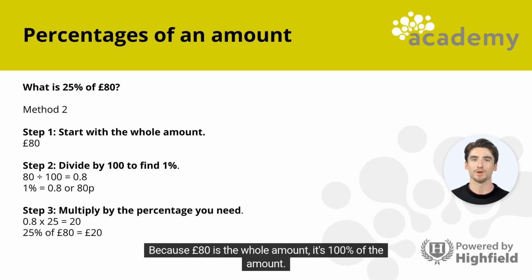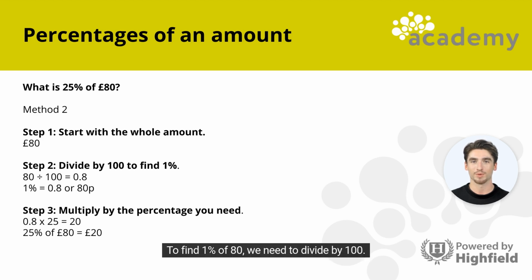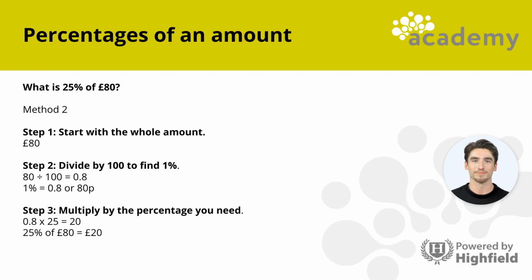Because £80 is the whole amount, it's 100% of the amount. To find 1% of 80, we need to divide by 100. This is because 100 divided by 100 equals 1. 80 divided by 100 equals 0.8. 1% equals 0.8 or 80p.